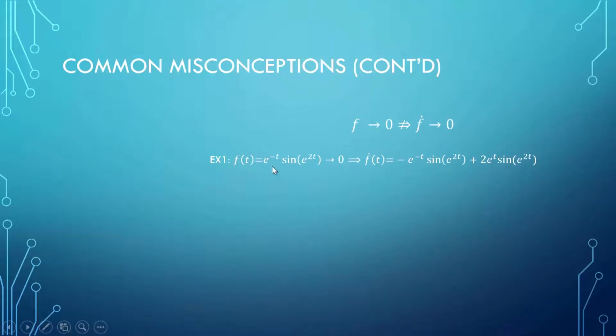If f(t) is exponential of minus t plus sine of exponential of 2t, this approaches 0 because of the first term, exponential of minus t. But the time derivative never reaches a constant, never reaches 0.